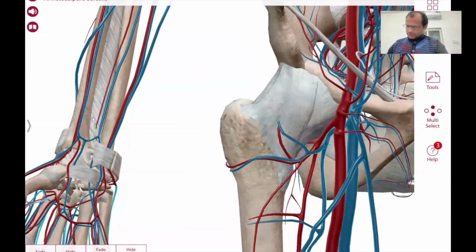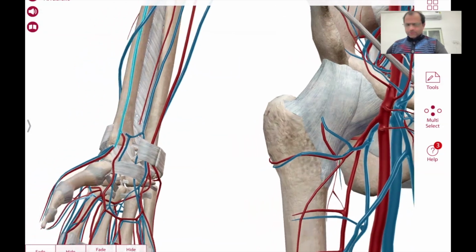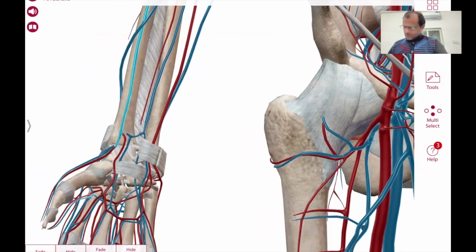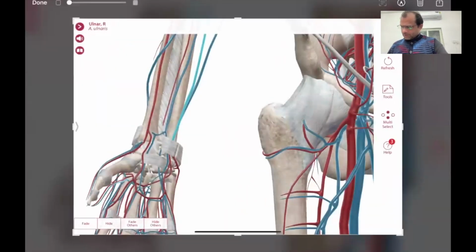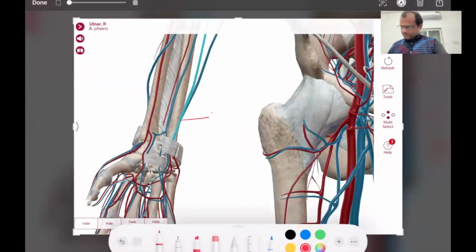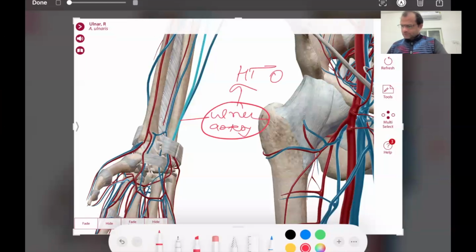Here we have checked. Here we were checking the radial artery on the thumb side. And here we are checking the ulnar artery. तो ये हमारी ulnar artery, which we are checking for the heart chi.